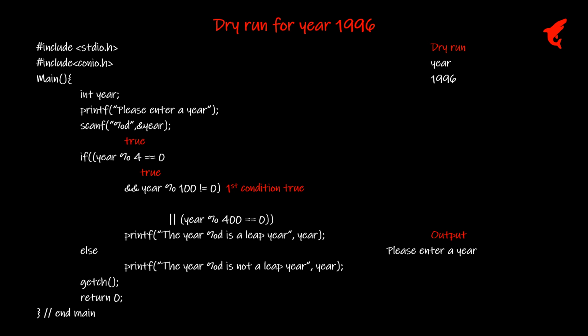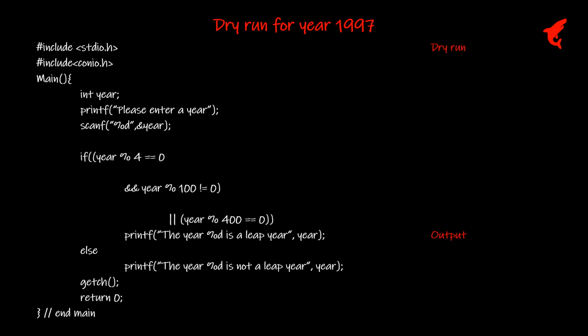And so the second condition is not evaluated. And according to the Boolean OR operator logic, if one part of the condition is true then the entire condition is true. As the first part of our condition is true, the entire if condition is true and so 1996 is printed as a leap year. After executing the getch function and return 0 statement, the program execution ends.